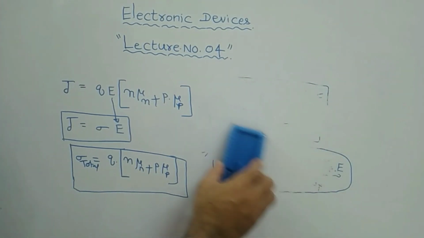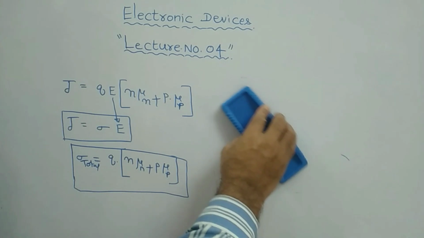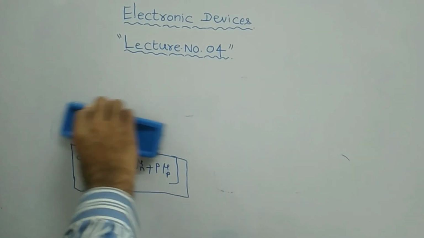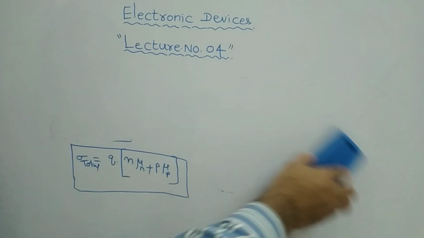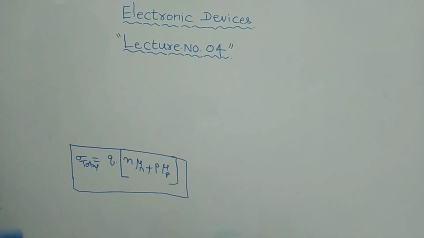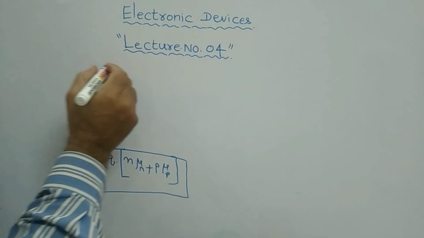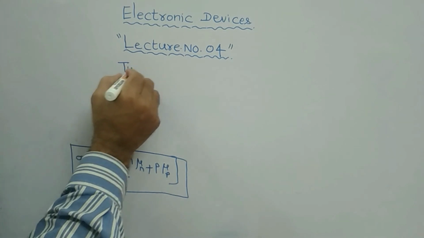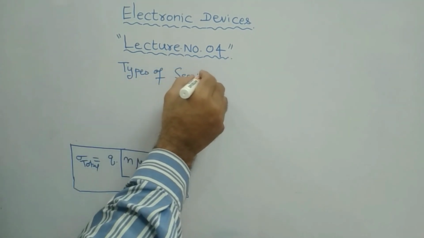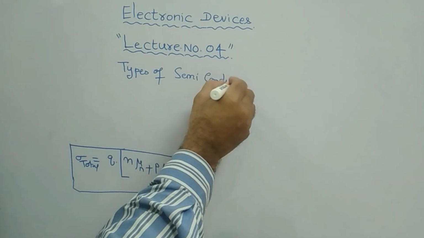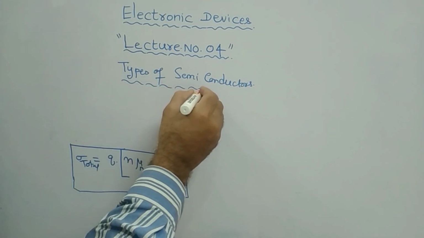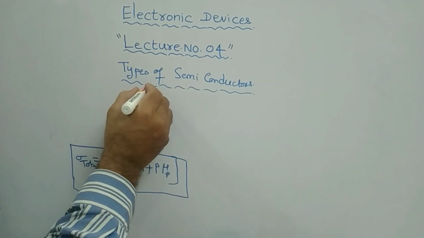If you consider the semiconductor, what are the two types? Types of semiconductors: we have two types basically.